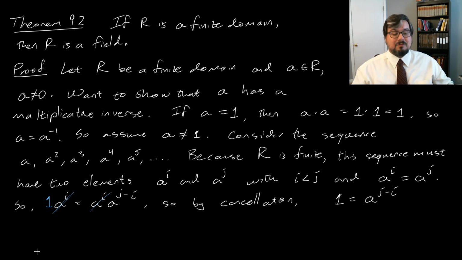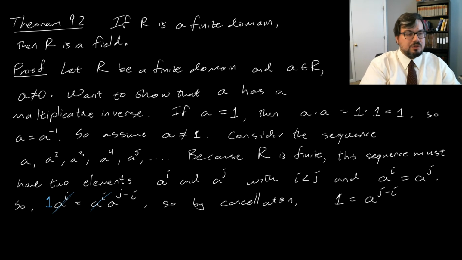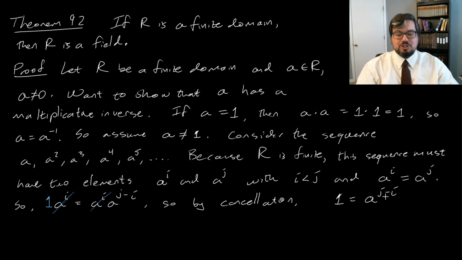Normally, we'd have to be careful about whether this a^i is multiplying on the left or on the right, but because we're in a domain, everything's commutative, so we don't have to worry about that. So we get that a^(j-i) is equal to 1.